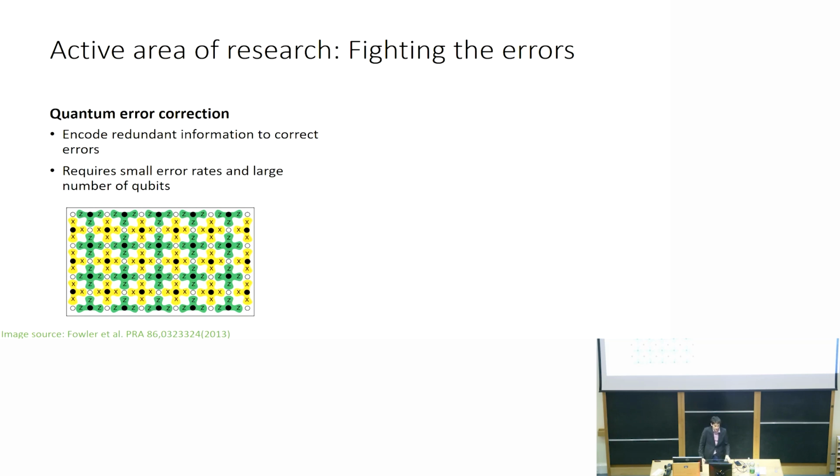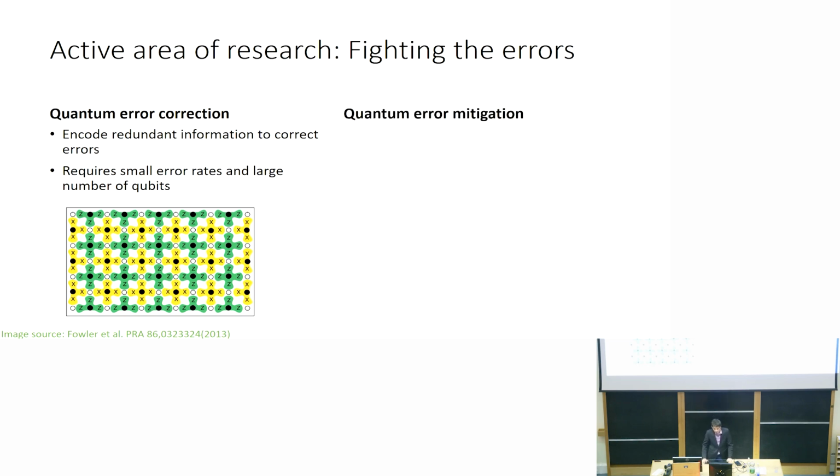This is, for example, a picture of encoding 1 qubit in terms of roughly, I think it's 50 physical qubits, and then detecting the errors. But the point is, I think in order to get this to work, you will need at least a few more years.